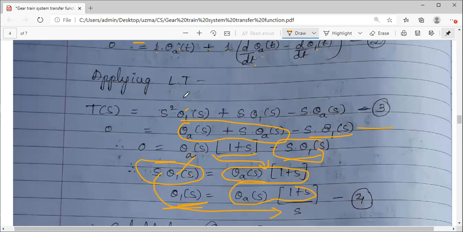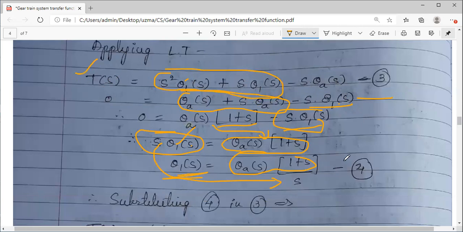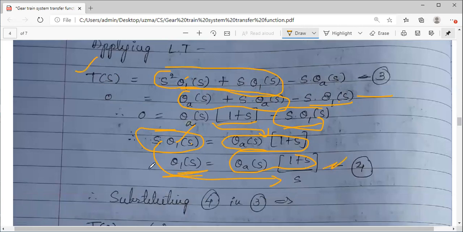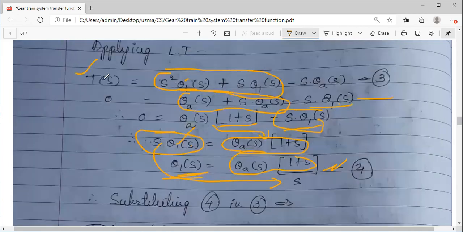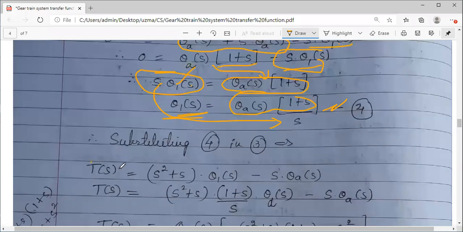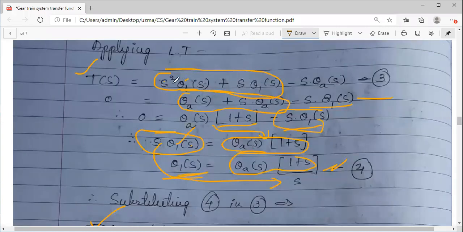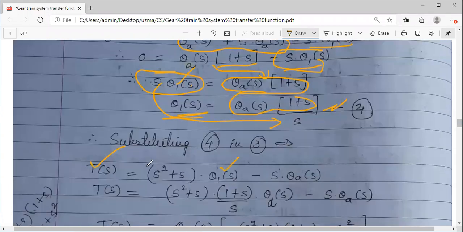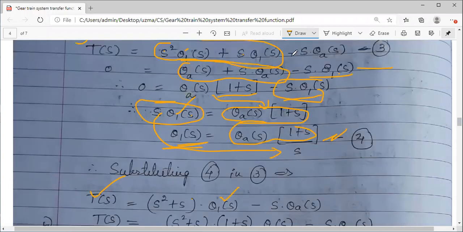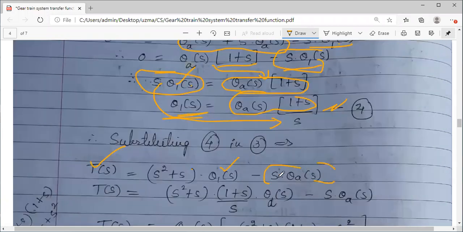Once I get theta 1, what I can do in this torque equation is substitute for theta 1. Substituting this value in equation 3: equation 3 has T of S is equal to S squared plus S, theta 1 common in the first two terms. If I take theta 1 common, then S squared plus S, minus S theta A of S, as it is.